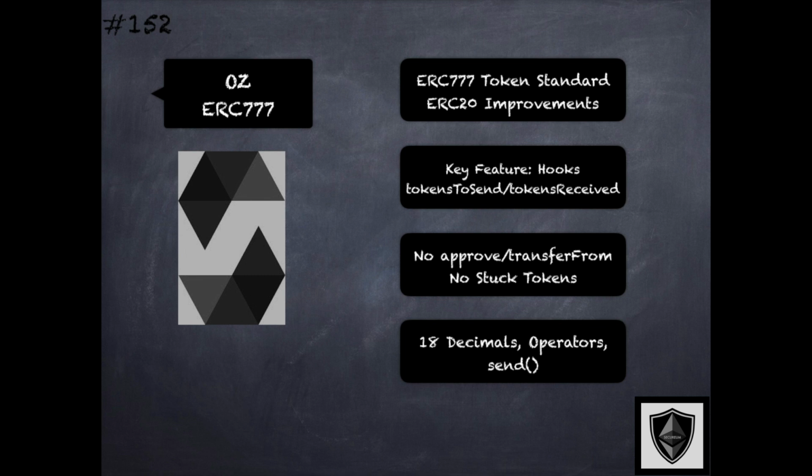It introduces the notion of operators that are special accounts that can transfer tokens on behalf of others, and it also implements a send function where if the recipient contract is not aware of ERC777 by not having registered itself as being aware, then transfers to that contract are disabled to prevent tokens from getting stuck in that contract.